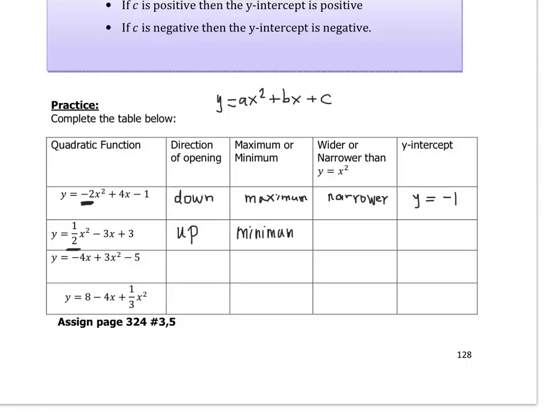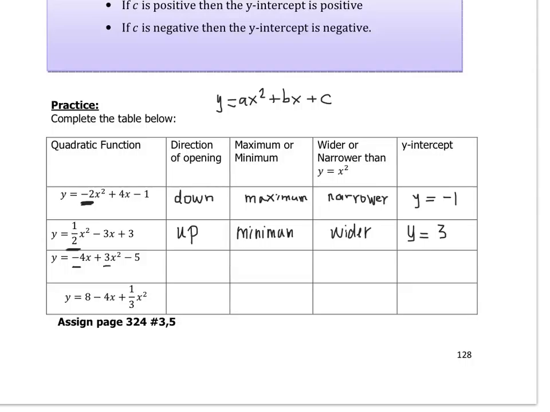It would be wider in this case because the A value is a half. The y's are half what they used to be, so it's taking a little longer to get up higher, so it's going to be a wider graph. The C value is going to be the y-intercept, because when you plug 0 in, you end up with y equals 3.